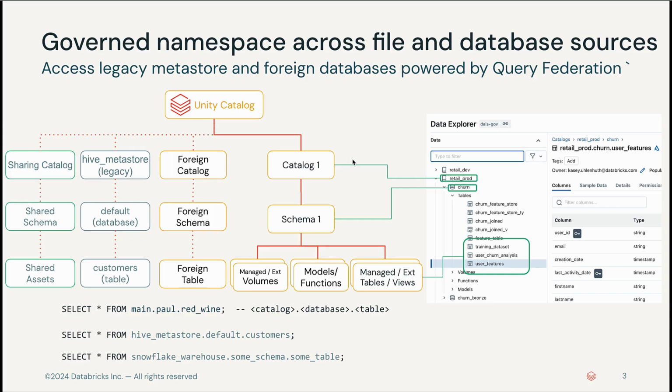In addition to your standard catalogs and your foreign catalogs, you also have the option for sharing catalogs. These are catalogs that can be Delta shared with you, either from other Databricks workspaces or from our Databricks marketplace. So let's dive in and see how all of these different assets fit within your Databricks workspace.